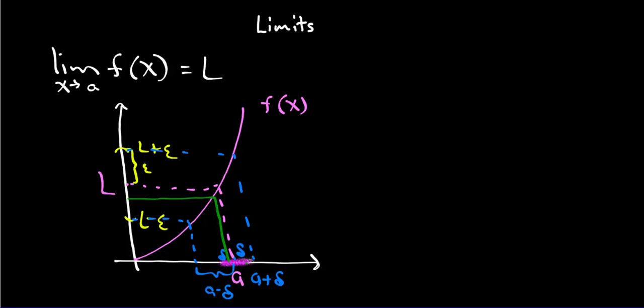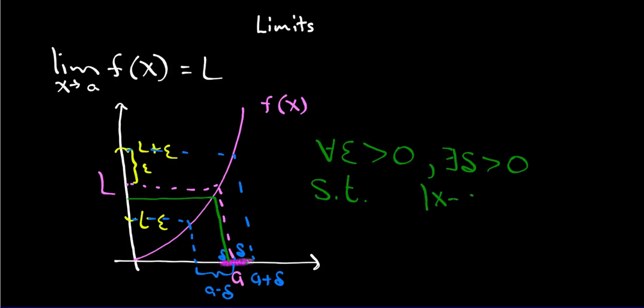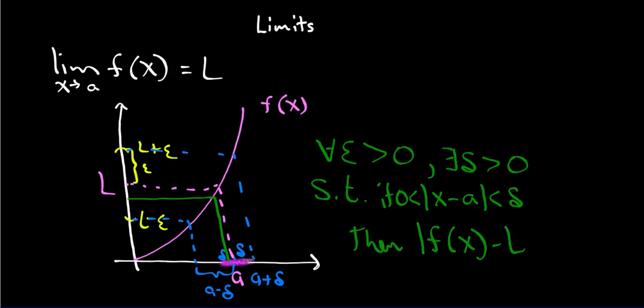So we say this: for all epsilon greater than 0, there exists a delta greater than 0 such that if this is true, then this. And there you go.